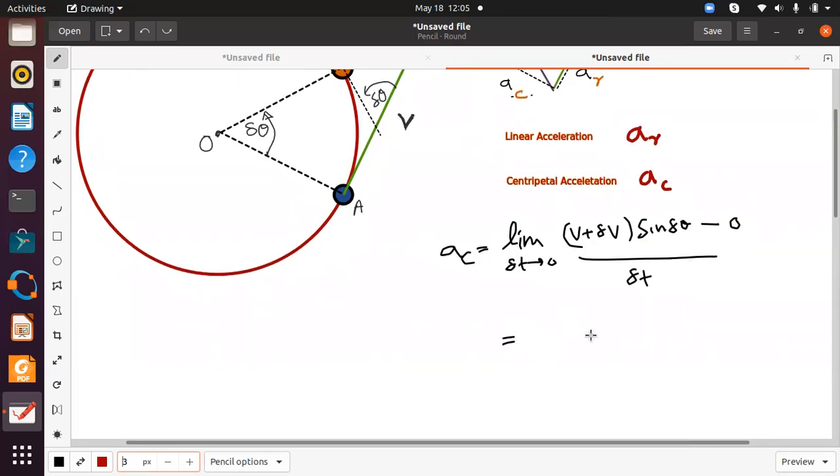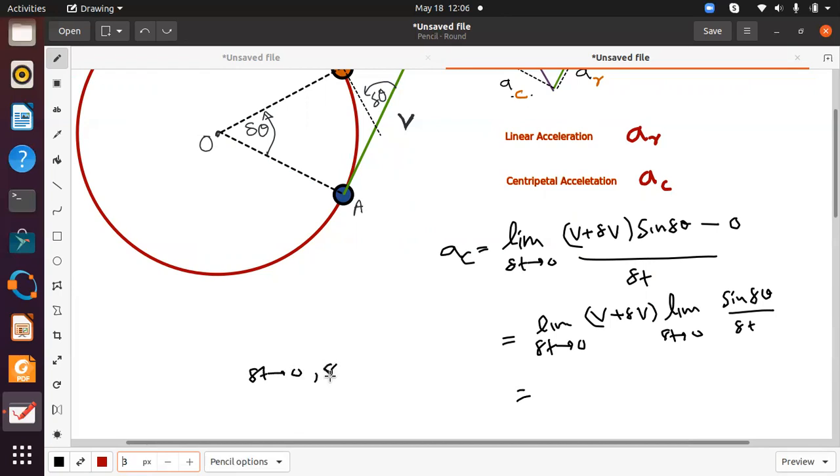Right. So I have to evaluate this limit as delta t tends to 0. Since this is a product, I'm going to separate it out: the limit as delta t tends to 0 of (v plus delta v), times the limit of sine delta theta divided by delta t. You know that as delta t tends to 0, delta v also tends to 0.